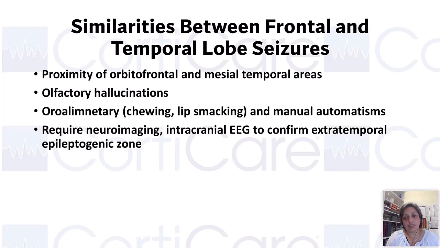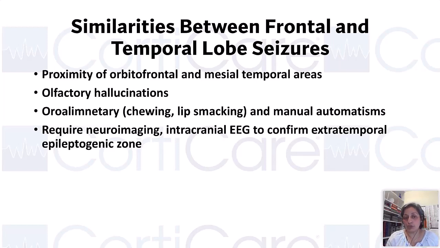So if the seizure originates, let's say, in the orbitofrontal area of the frontal lobe versus the mesial temporal areas, and they are spreading, they will spread to either direction, right? They can either go to the entire temporal lobe, or they can go to frontal lobe, or they can become generalized. Olfactory hallucinations are a very common feature between both frontal and temporal lobe seizures.